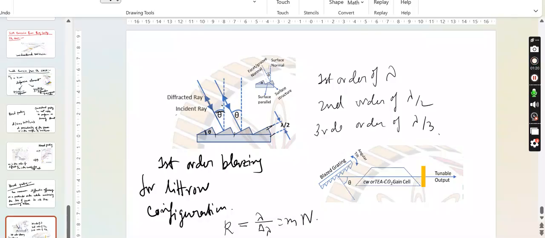The angular tilt of the grating will result in feedback and lasing on varying wavelengths. And if we want to increase the resolving power of the grating, that can be done by exposing larger surface area of the grating to the beam of light. This is the configuration for tunability.